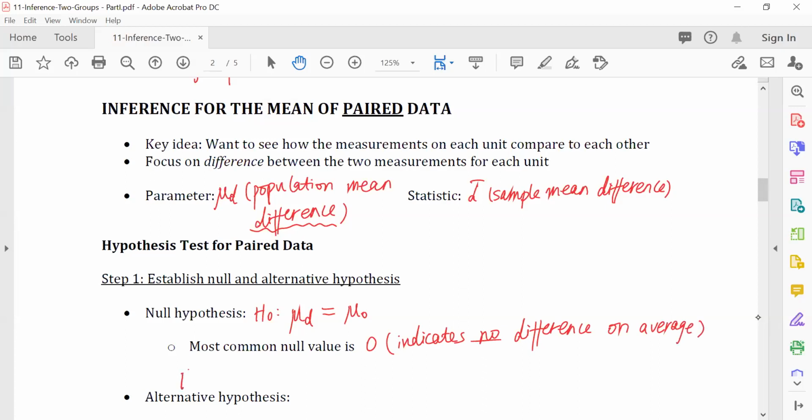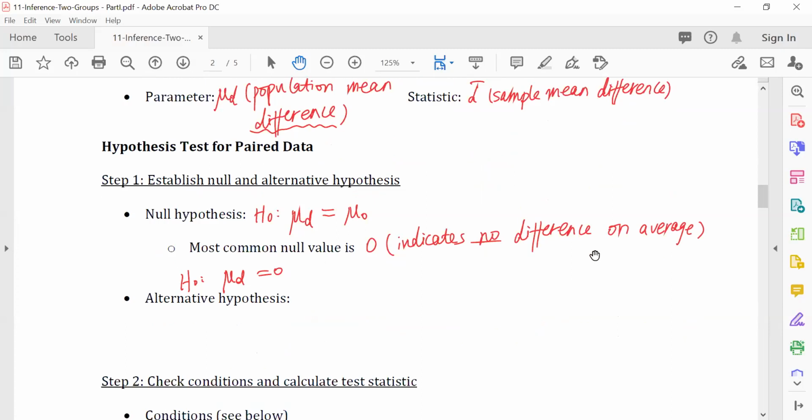So the null hypothesis will be then mu d equals to 0. The alternative hypothesis will take three different forms, as we have mentioned before: greater than 0, less than 0, and not equal to 0.